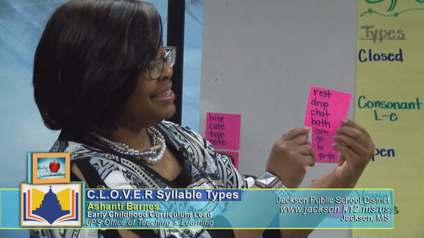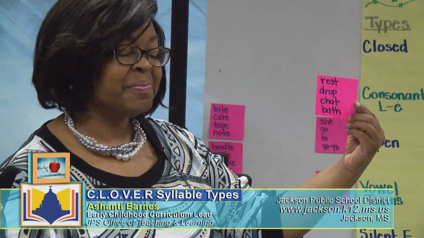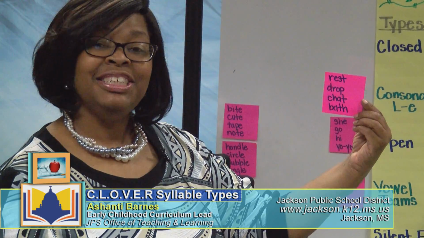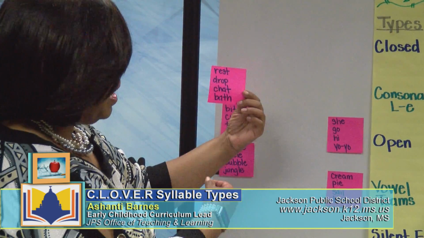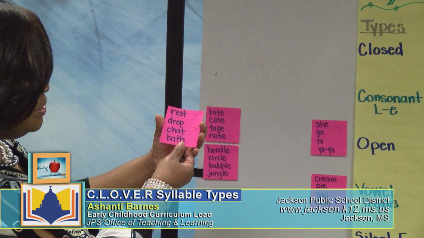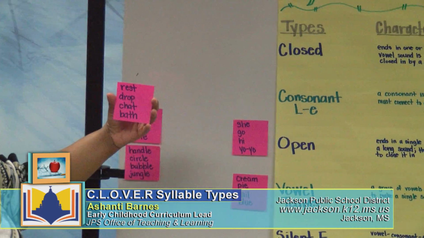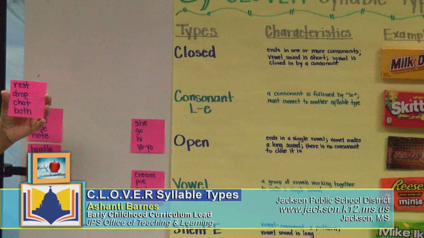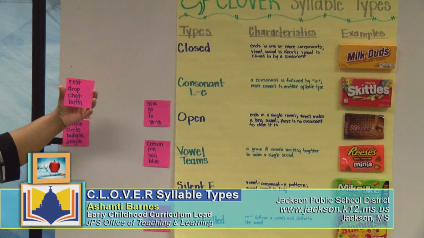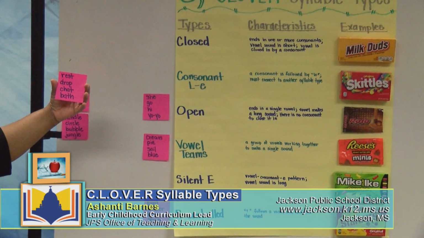Our next word list. Rest, drop, chat, and bath. Let's see, we have 3 more options. Do you think it's a closed syllable type? Could they possibly fall into the consonant LE category? Or what about silent E?